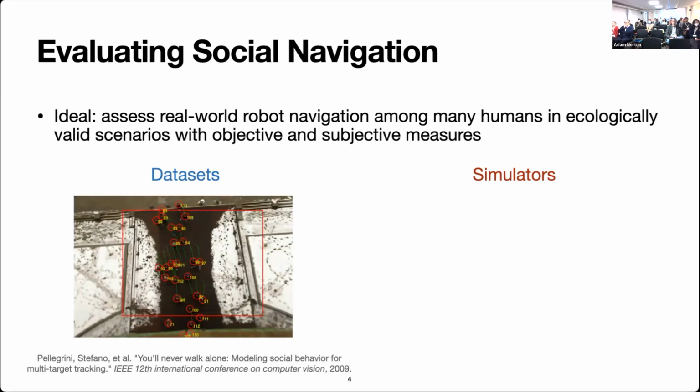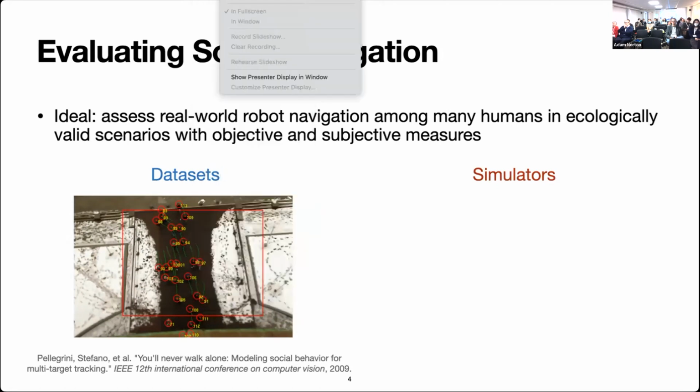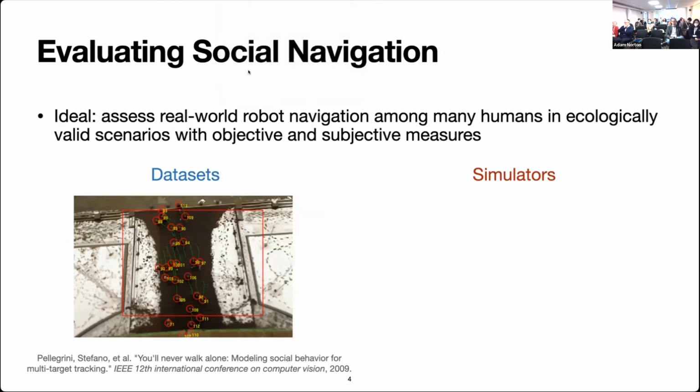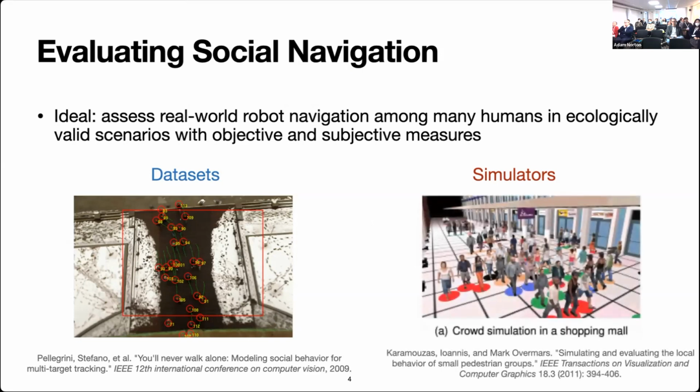The challenge here is that you don't have interaction with the robot. So the people in the environment are not interacting with the robot, and the robot is not interacting with the people in the environment. The second way of achieving this is through using simulators.